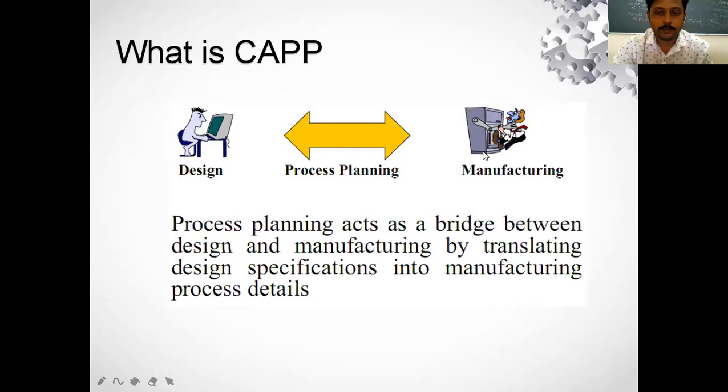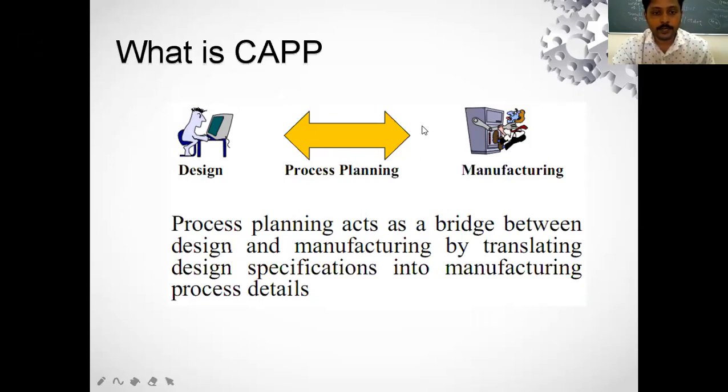So what we can say from this? Whatever the design specifications are generated or carried out in the design process, whatever design specifications and design details have been provided by the designer or the design engineer from the industry or design department, those particular things are converted into manufacturing process details, meaning the details which are needed for actual manufacturing.